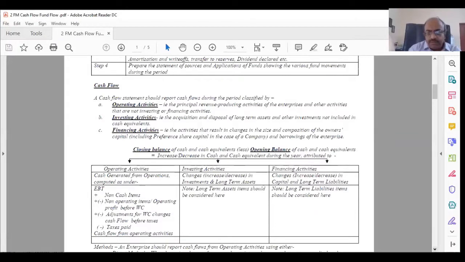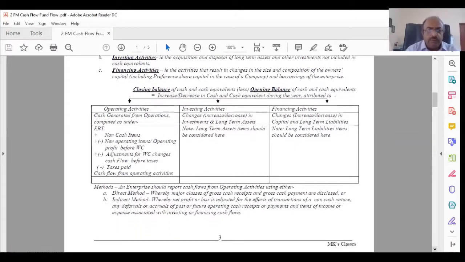That difference is attributable to what reason? Operating activity. How to calculate cash generated from operating activities? That is EBIT plus non-cash items, plus or minus non-operating items, adjustments for working capital changes, tax paid, which gives you cash from operating. Investing is increase or decrease in investments and long-term assets; only long-term asset items should be considered here. Financing activity is increase or decrease in capital and long-term liabilities; only long-term liabilities should be considered.